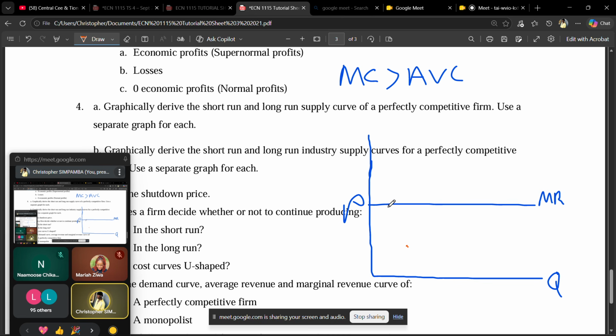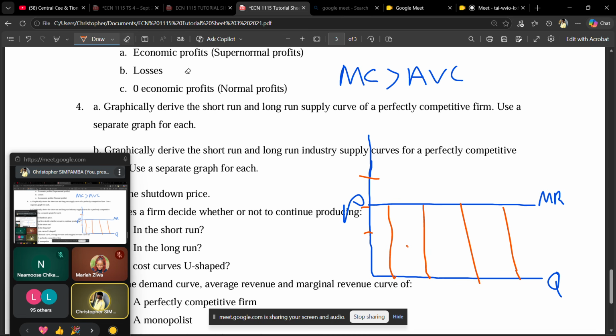A firm can produce at this point, at that point, at the same price, whatever quantity it wants, because under this there is a condition of easy entry and exit in the market. If a firm was to produce at a higher point, no one will buy from them, so the firm will not make profits. Of course, it will sell, but it will not make profits. So the firm will be forced to come back here.